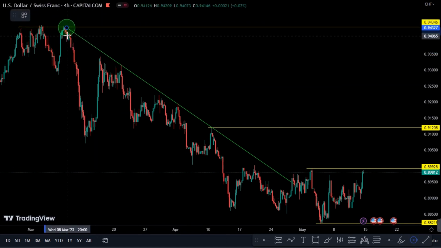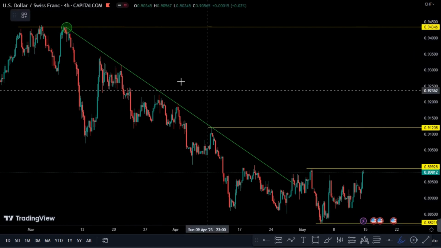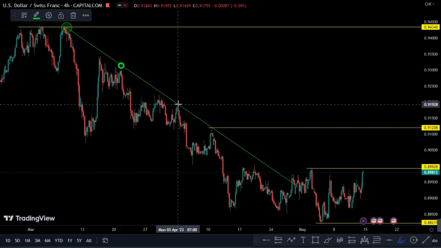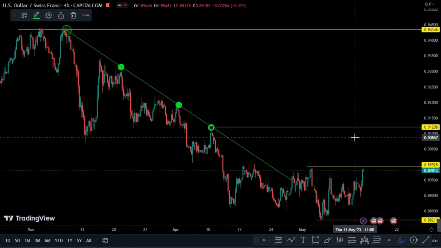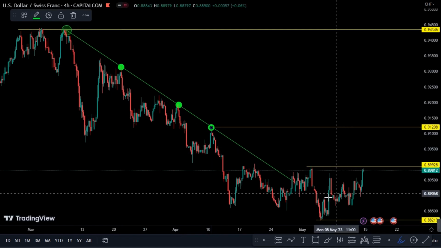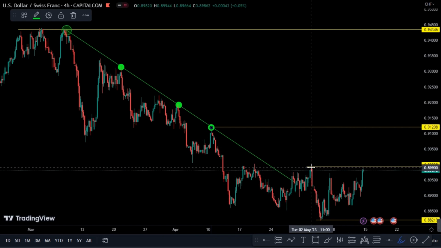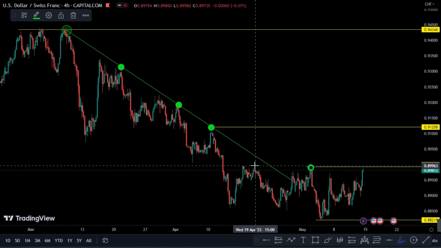It respected this trend line again there. This trend line was also respected here, and then our market also respected this trend line at that area, until it created this structure here.